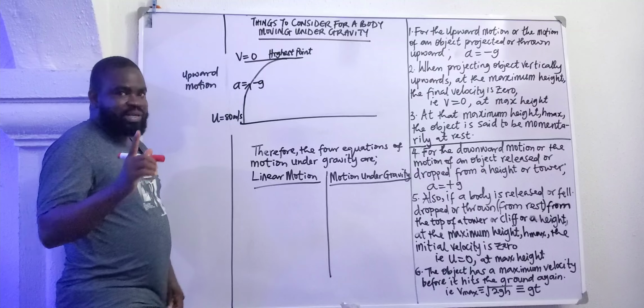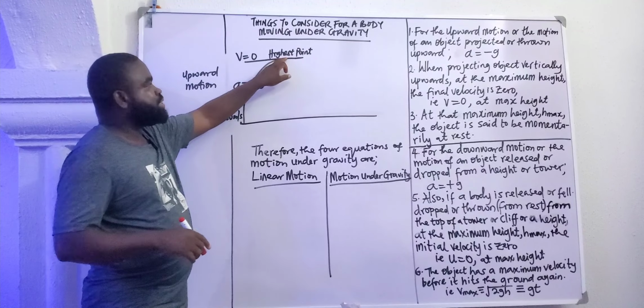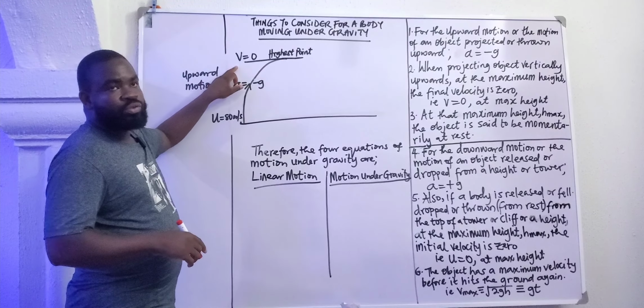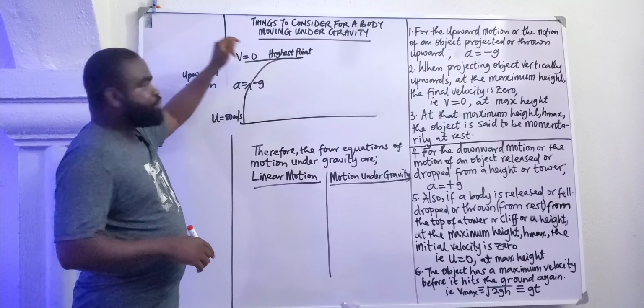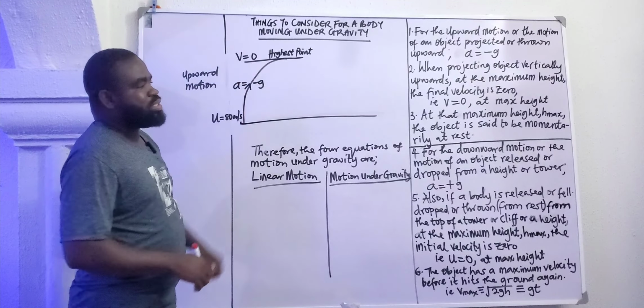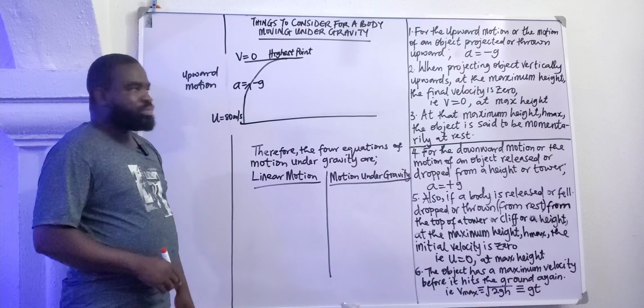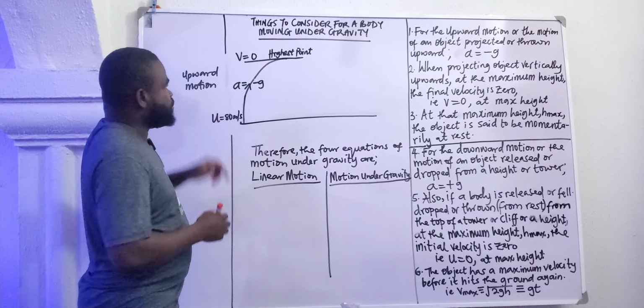So you must take note of that statement. At the maximum height for the upward motion, for a body that is thrown vertically upward, the final velocity is 0. This is the upward motion.